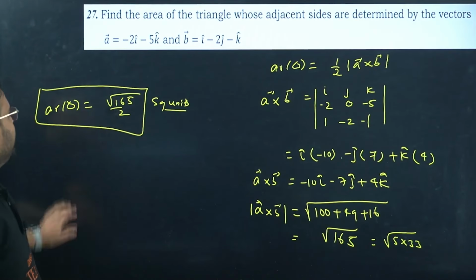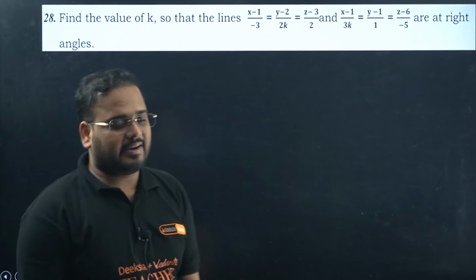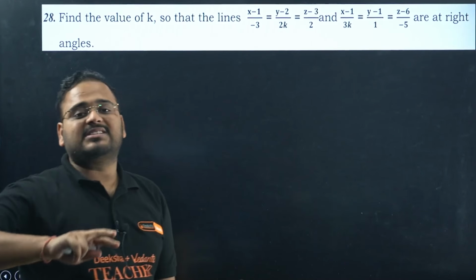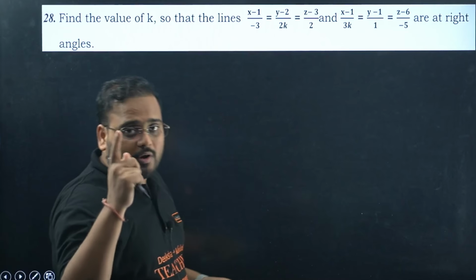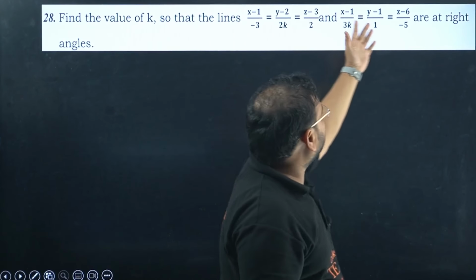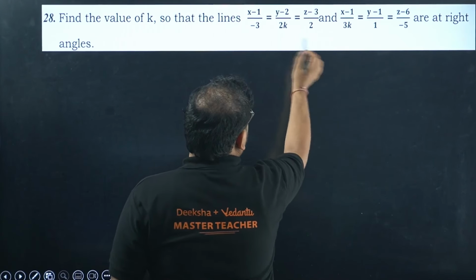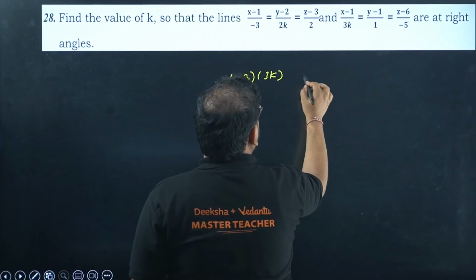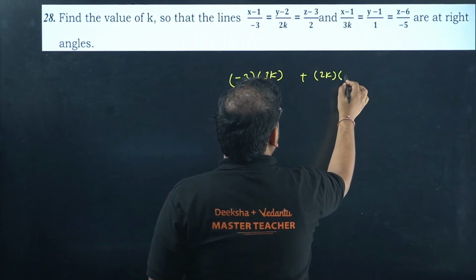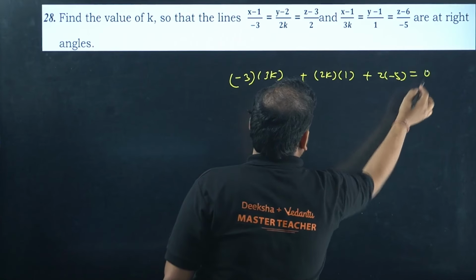Okay? Continue. Next one. Find the value of k so that the lines are at right angles. Whenever you are dealing with this kind of question, first thing is to check the coefficients of x, y, z. It should always be 1. So 1, 1, 1 everywhere. Once that is clear, simply take the product of these two: minus 3 into 3k, and 2k into 1, and 2 into minus 5, as 0. Why, sir?